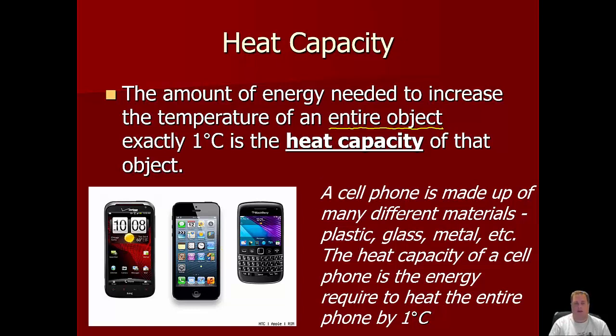If I, for some reason, put my cell phone in the freezer, we don't know the properties of that, but in total, there's some amount of energy it's going to take to cool that phone down by 1 degree Celsius. We don't have a specific heat because it's made of plastic and glass and metal and air trapped inside of there and other things.